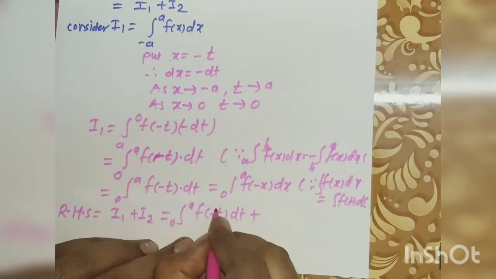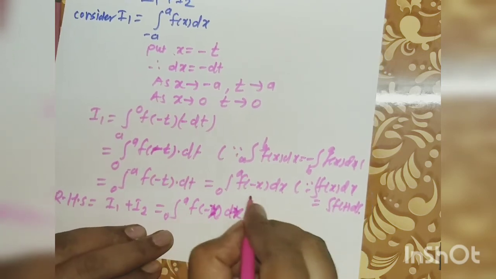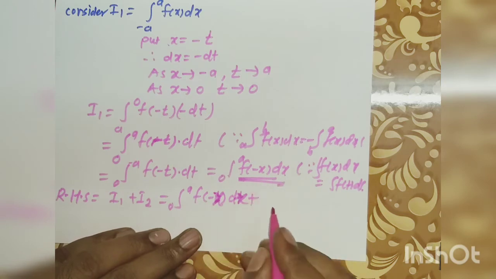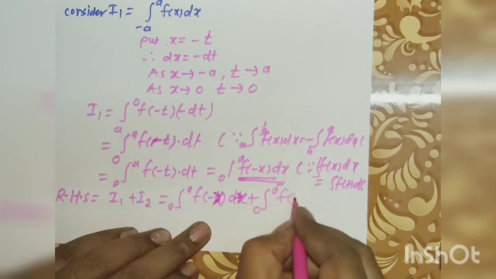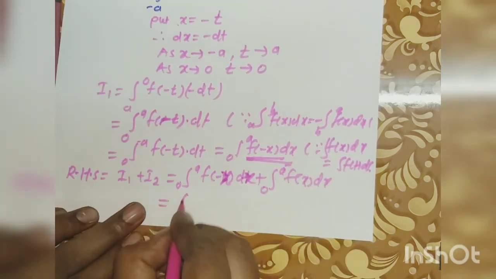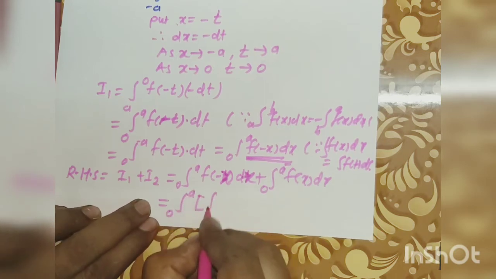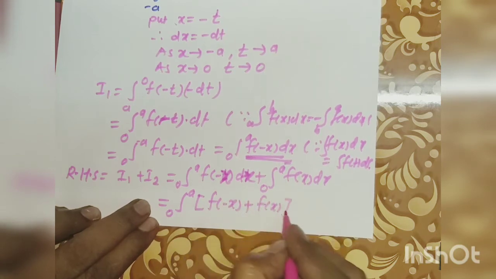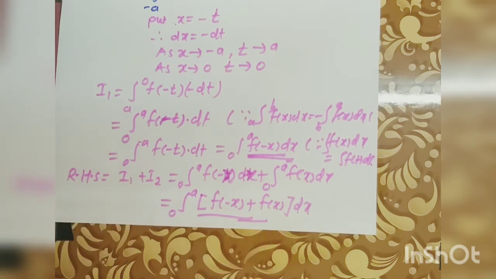That means here the variable is x. So the value of I1 in terms of x, plus I2 is 0 to a f of x dx. Here the limit is the same, then take common 0 to a bracket f of minus x plus f of x dx, which is the right hand side.